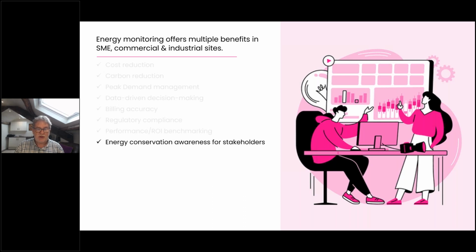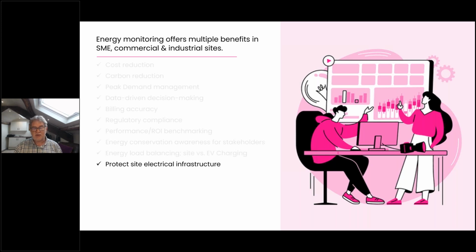A lot of companies want their various stakeholders to know what's happening, especially if energy has been reduced. Load balancing is becoming a big issue as more and more sites decarbonize, put more electrical assets into their grid as opposed to gas. Load balancing is becoming a big issue. And laid on from that is site infrastructure has to be protected.